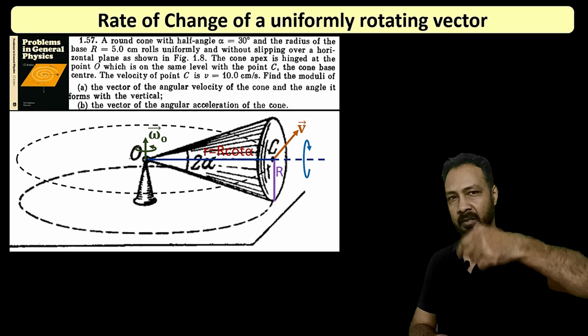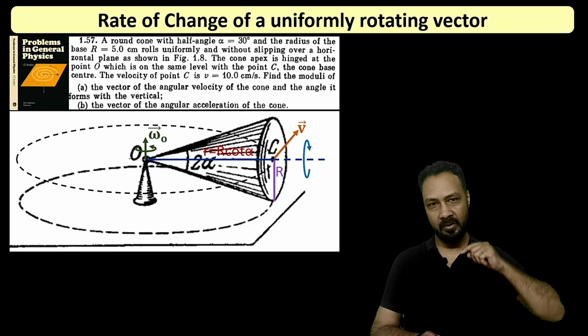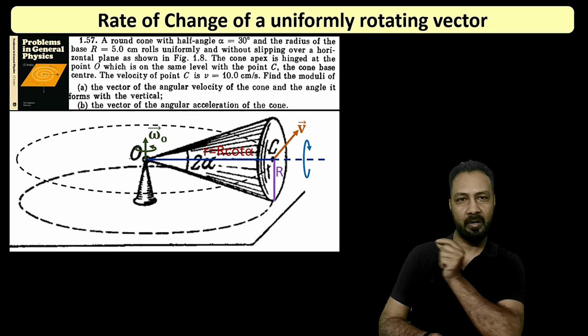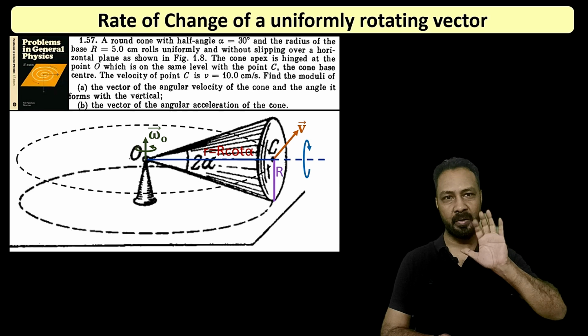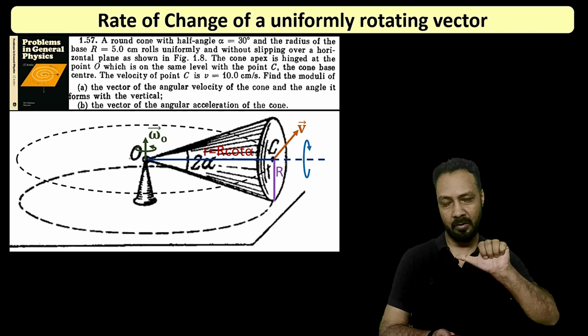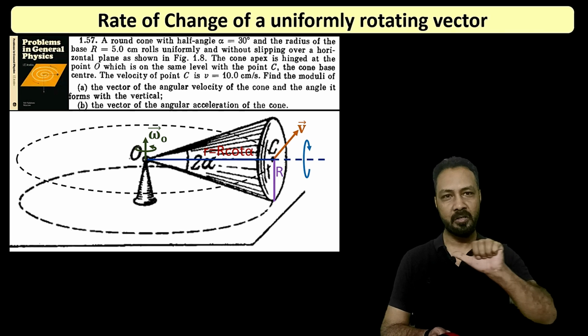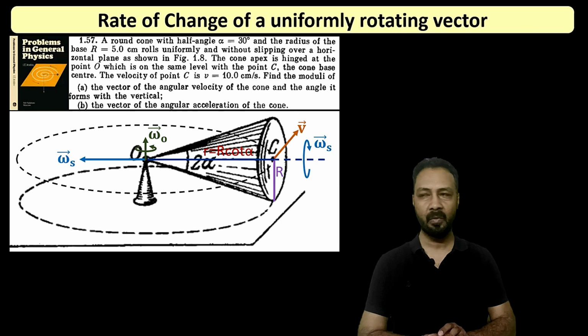So it has another angular velocity, and that is called the spin angular velocity. It is rolling like this and the center is moving like this. That angular velocity is the spin angular velocity, and if I curl the right hand fingers along the rotation, the thumb will give the direction of the spin angular velocity, and that is this omega S.